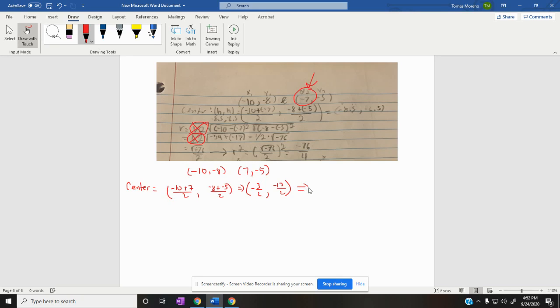Now I see that you converted to decimals instead of having fractions. That is fine. I'm going to do the same because it seems to me that you like decimals more. This is my center point.